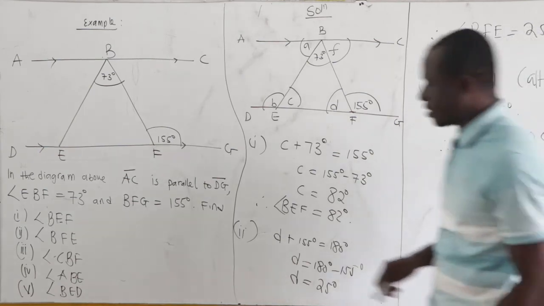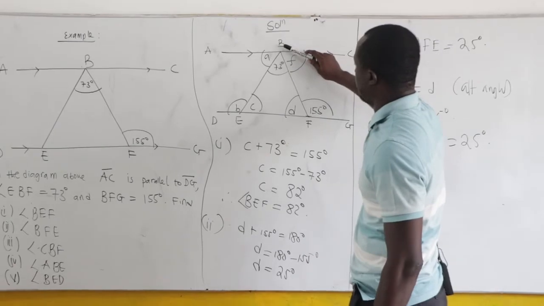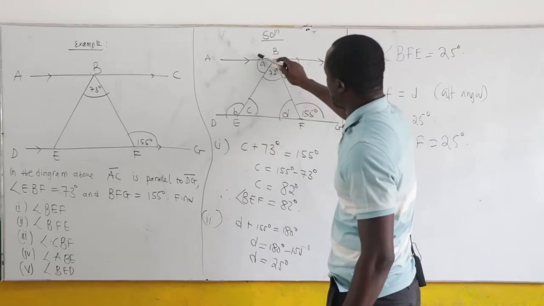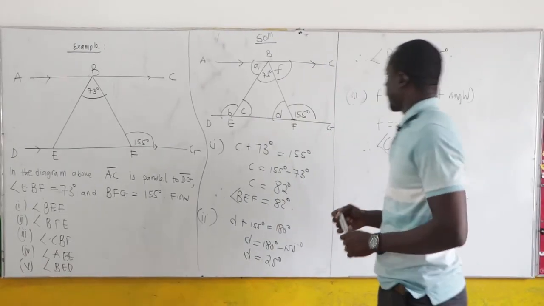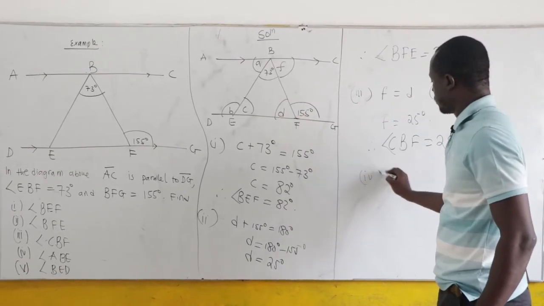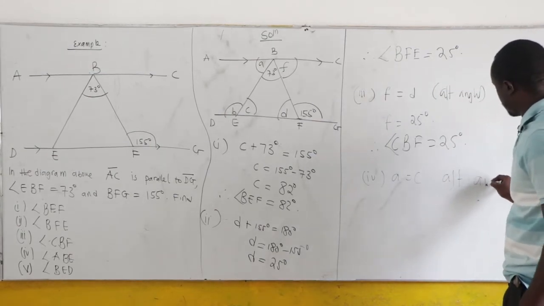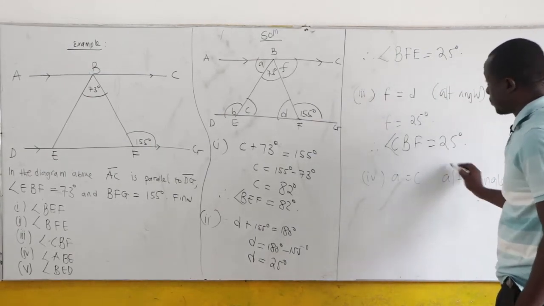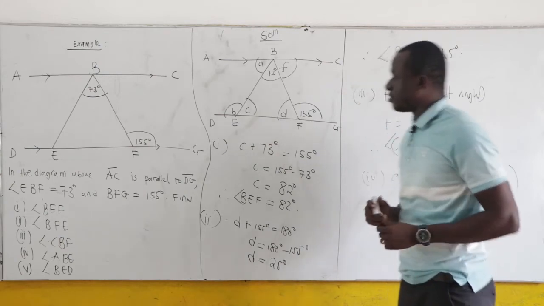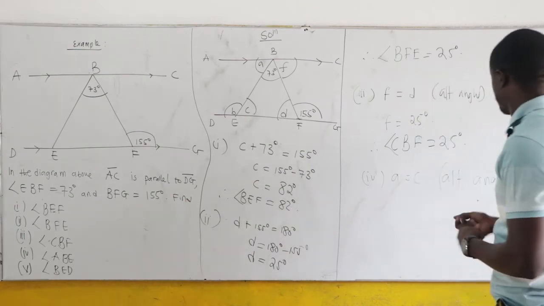Now, what is the fourth one? ABE. We want to find the angle over here. Now, A is alternating with C, so A is equal to C. Why? Alternate angles. Now, what is our C? We had our C to be 82.